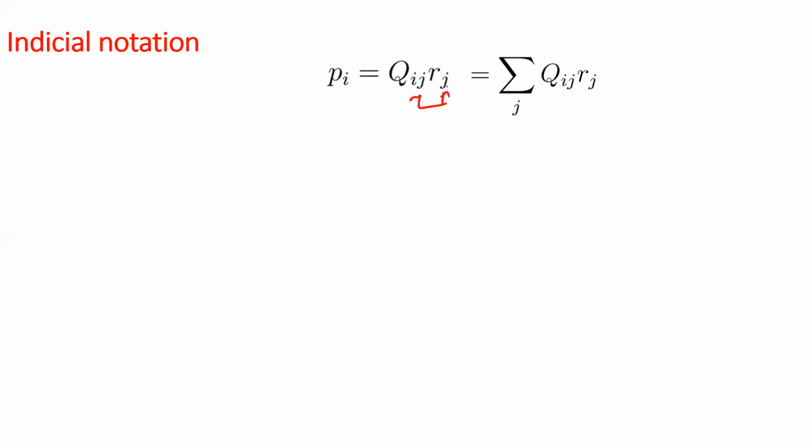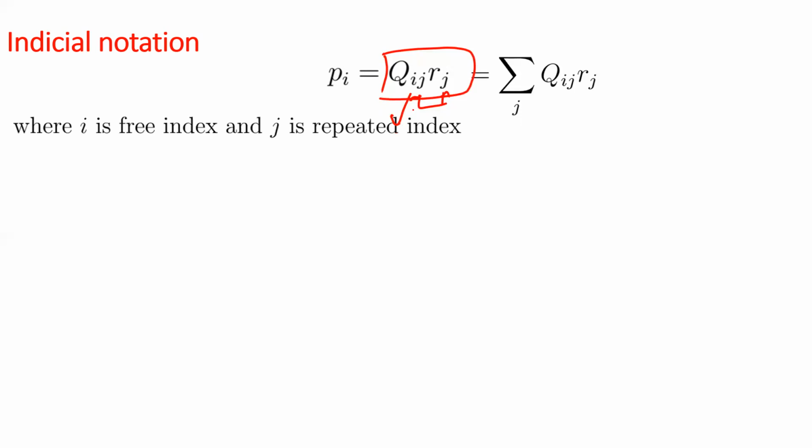So j is the repeating index or the dummy variable, and i is not repeating. If I look at the right hand side, it is only j that is repeating. So i is the free index and j is the repeated index. And since j is a repeated index, it implies summation over j.